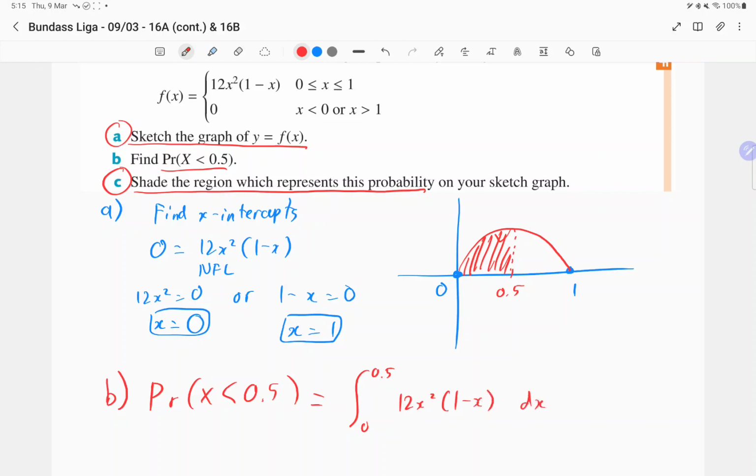So when you antiderive between these two limits, you get the probability for x less than 0.5. Okay? Now, try it. Work this one out.